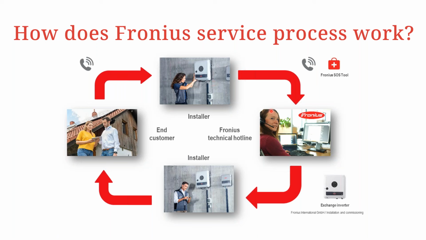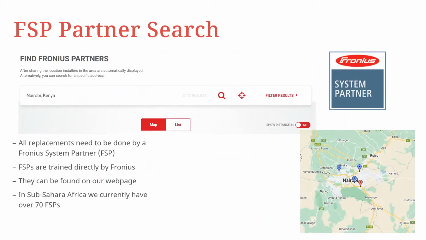Of course, this is done via the Fronius SOS tool to depict exactly what the problem is. This would now be communicated to our Fronius tech support team. An inverter or component exchange would be recommended. And then once this is done, the installer can now effect this replacement. And in the end, you have a happy customer. So that's basically a summary of how it goes.